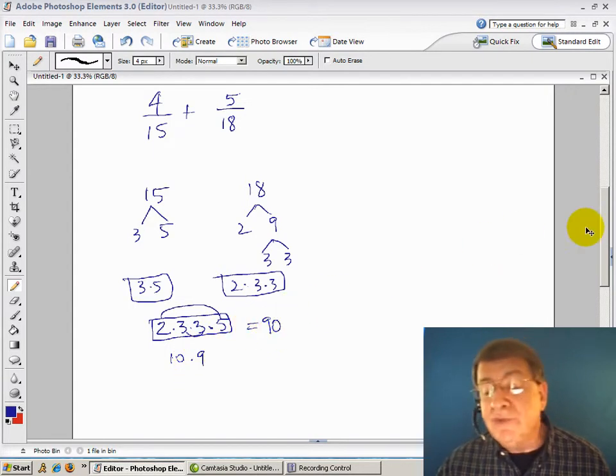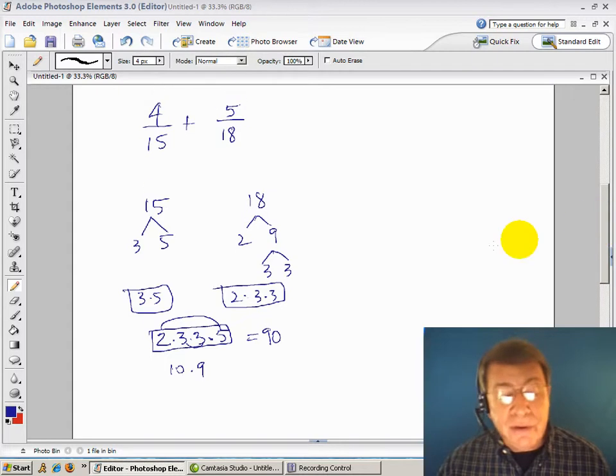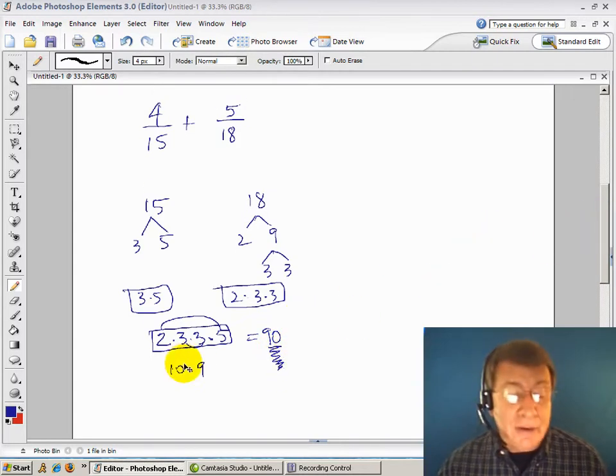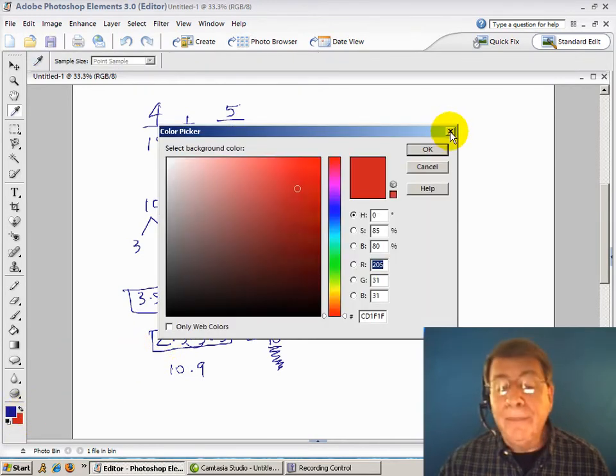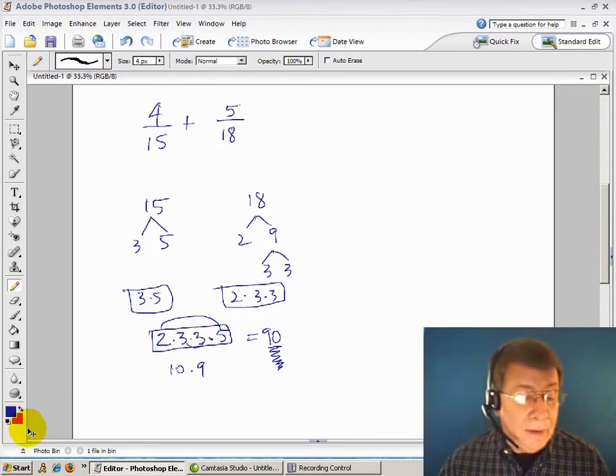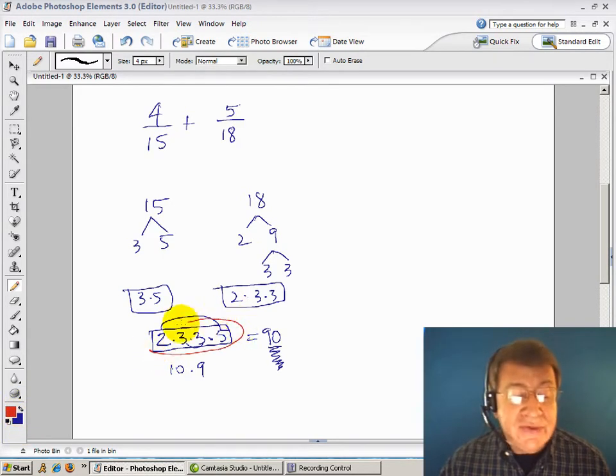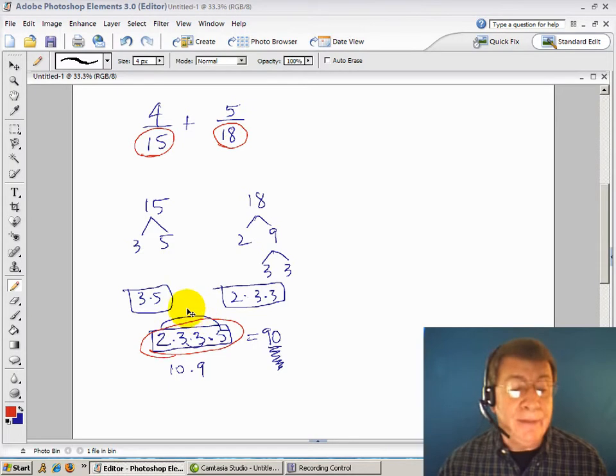Now, there's a couple ways of doing this. We could either know that we're going to get 90 as our common denominator, or we can just use, and I'm going to do this in red now, where this is what I want this 15 to become, as well as this 18 to become.